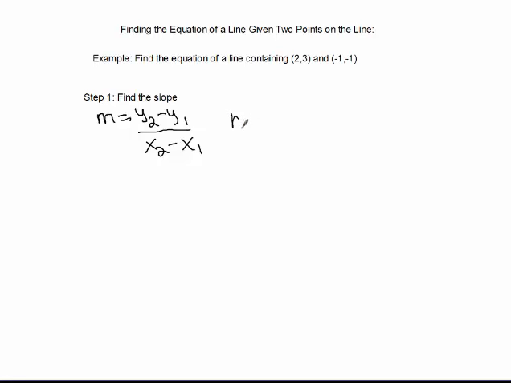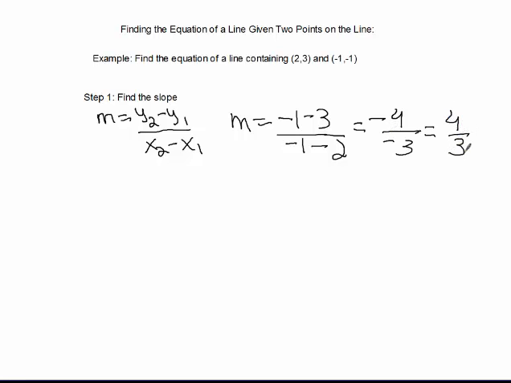So if I take my 2 points, I'll call this guy y2, so -1 minus the other y, which is 3, and then this x, -1 minus this x, which is a 2, and we end up with -4 over -3. And if I simplify the negative divided by a negative, it's really +4 over 3.